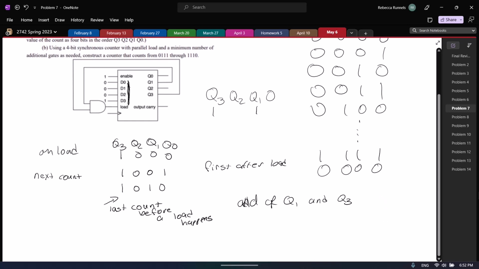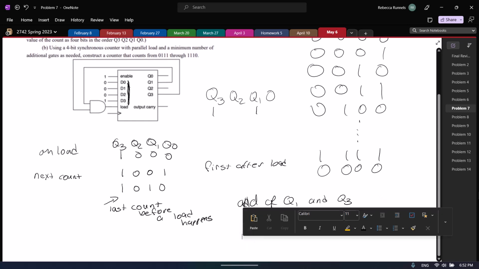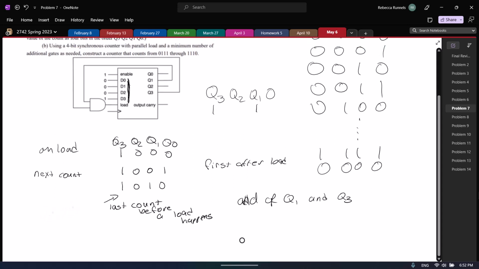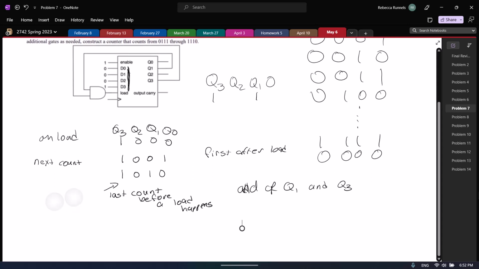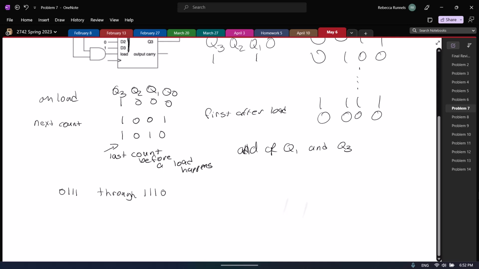Okay, and then for part B, we're supposed to use a 4-bit synchronous counter with a parallel load, and a minimum number of additional gates is needed to construct a counter that counts from 0, 1, 1, 1 through 1, 1, 1, 0.